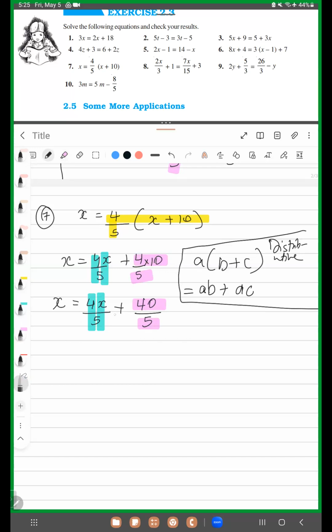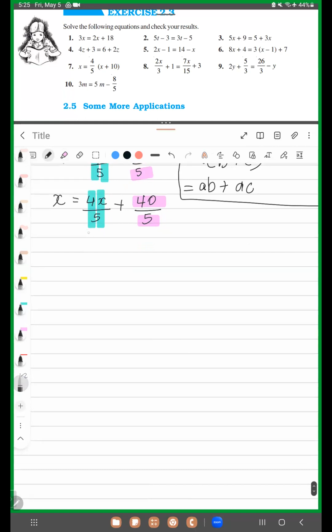Now, can we send 4x by 5 to the other side? What if we just cancel them? Oh no, we can't cancel them. When the denominators are the same, we can't cancel the numerator and the denominator, like 40 by 5.